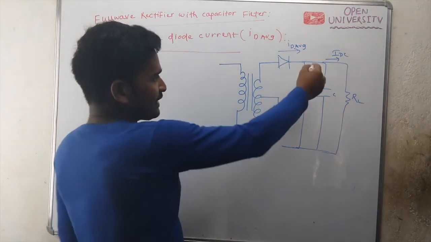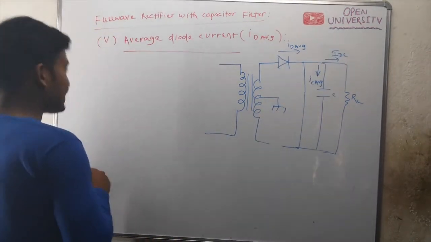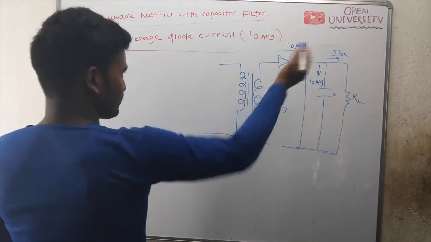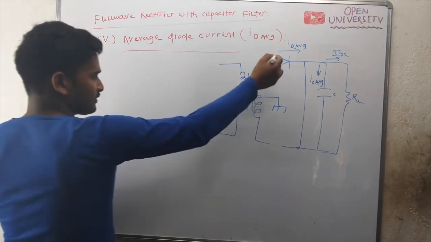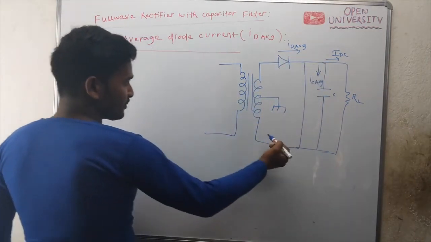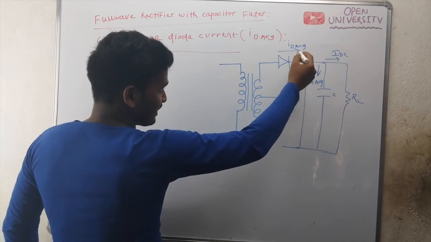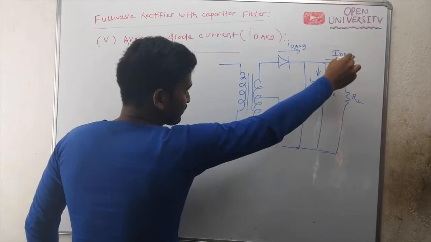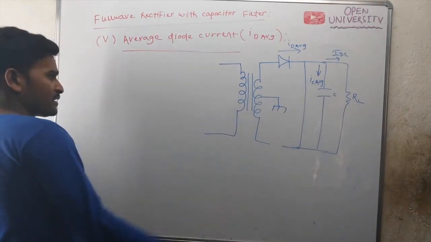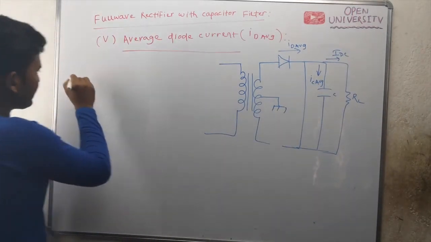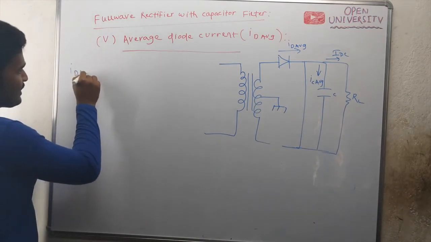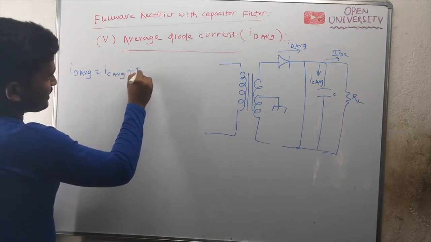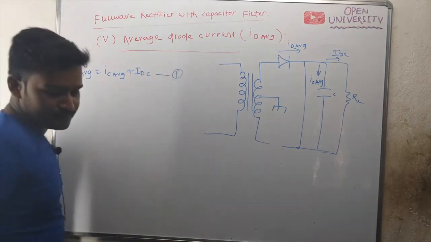So let this diode be conducting and this diode open circuited. Let the current through this diode be ID average, the capacitor current be IC average, and the current through the load be the average load current IDC. So you can write ID average equal to IC average plus IDC. Give it equation 1.